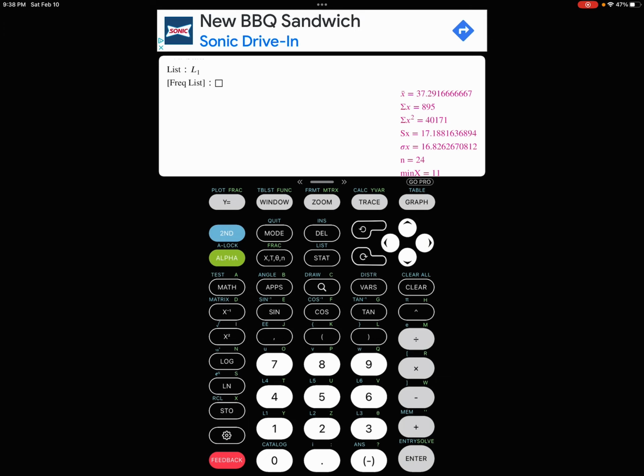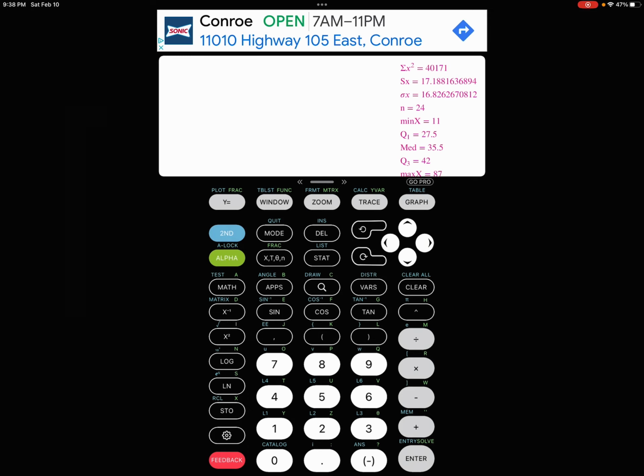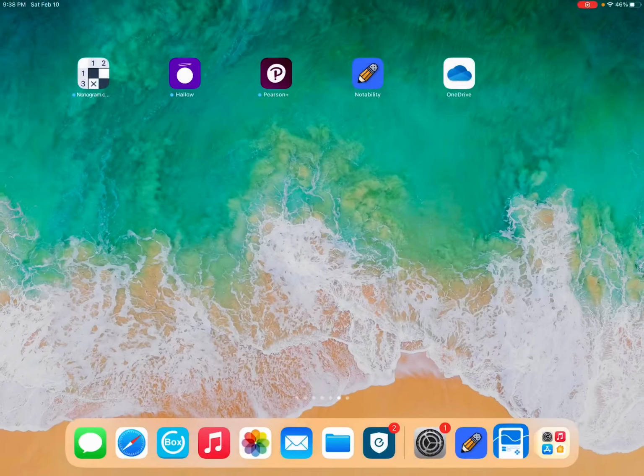X bar is your average. This is the sum of all your x's, the sum of your x's squared. Neither of those buttons do we deal with. Then we have the sample standard deviation and the population standard deviation. N equals 24. That's how many data points are in there. Then we have the max and the min, and we also have that median, that number in the middle. Okay.